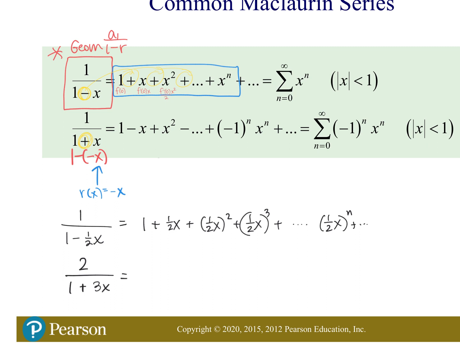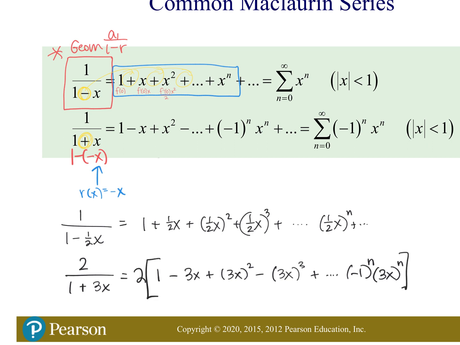So I'll start with 1, and then subtraction of 3x, and then addition of 3x squared, and then subtraction of 3x cubed, dot, dot, dot, down to an alternating negative 1 to the n, which creates the alternating term, and then 3x to the n. And the whole thing then would be multiplied by 2 to cover the coefficient.